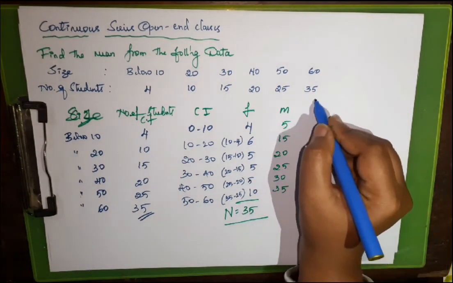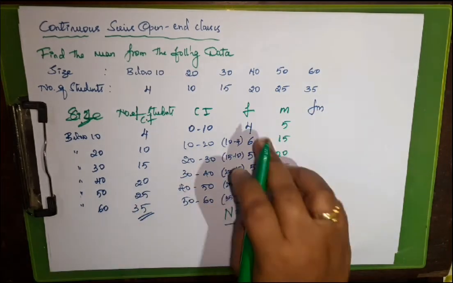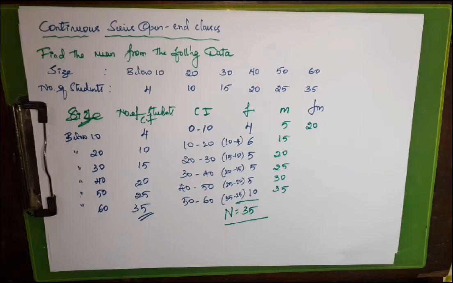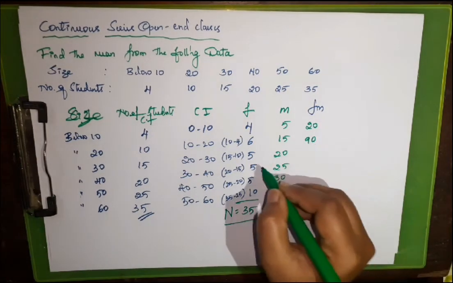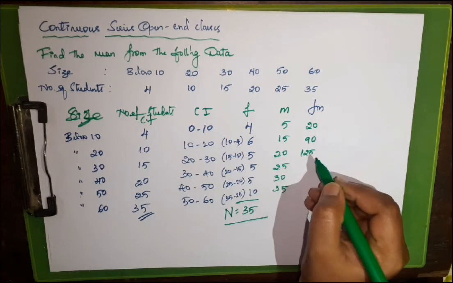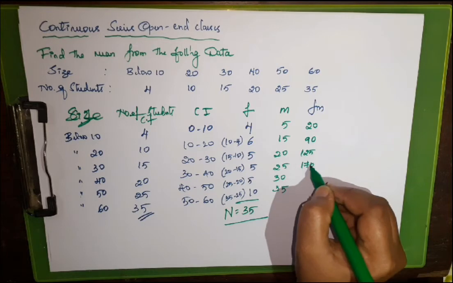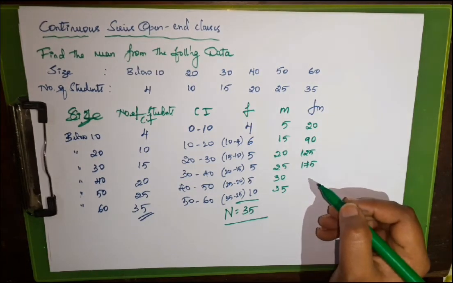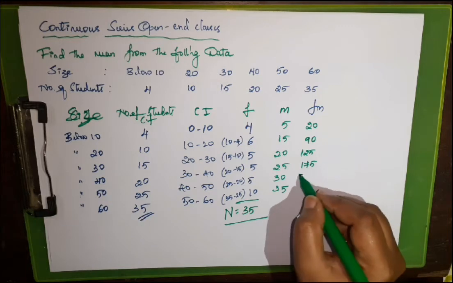Okay, and next we need the product FM. So 4 into 5 is 20. 6 into 15 we have to find. So 6 into 15 is 90. 5 into 25 is 125. 5 into 35 is 175. 5 into 45 is 225.